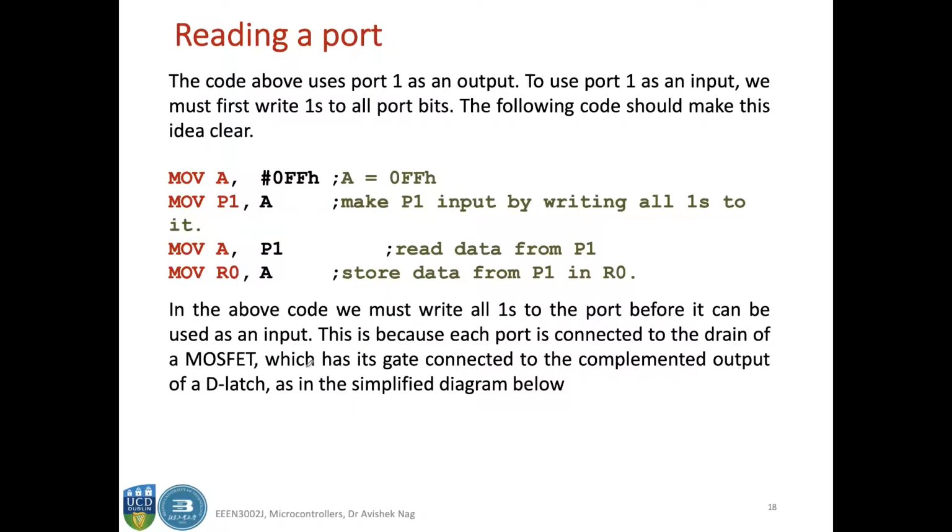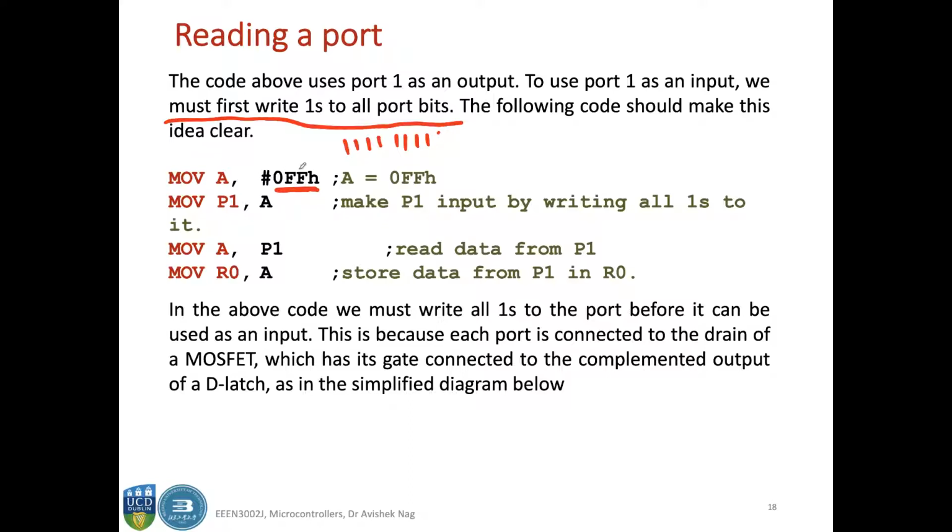Let's say if you want to read from the port, then you have to do an additional step. So you have to configure the port for reading, and to do that you must first write ones to all port bits. So this step is necessary. You have to write 0FF hex, which means all ones, to all the 8 pins of the port.